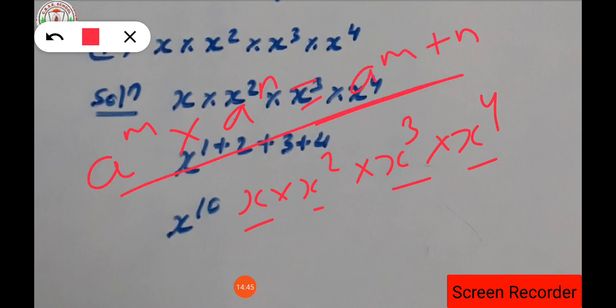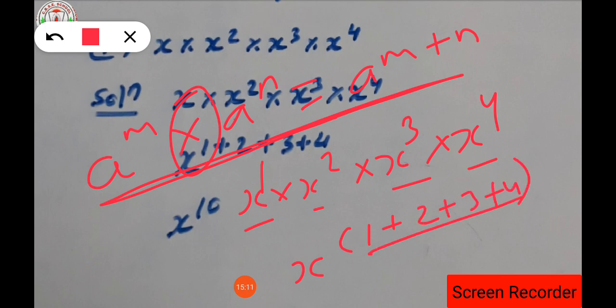Why are we applying this? Because the bases are the same. Wherever the bases are the same and it is asked to do the multiplication, we can apply this law of exponent for the alphabets. Okay, so for x, if no power is written, that means 1 will be the power, so altogether their powers will be added. So x to the power 1 plus 2 plus 3 plus 4.